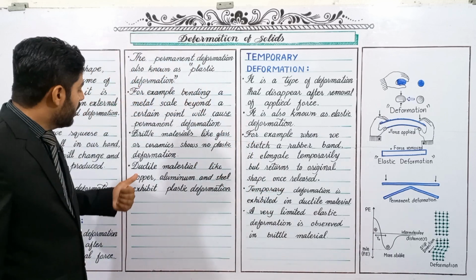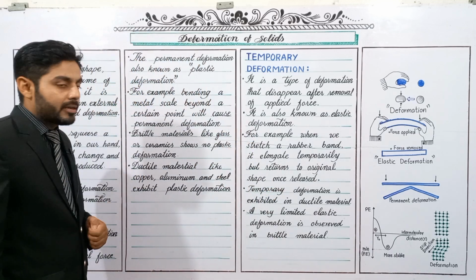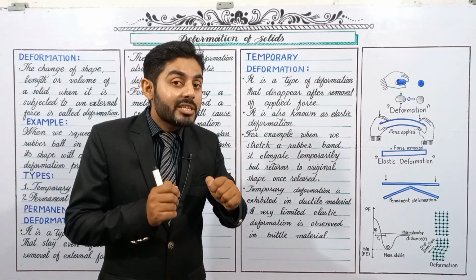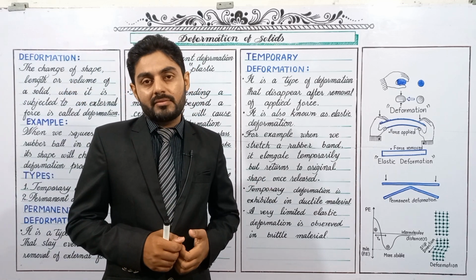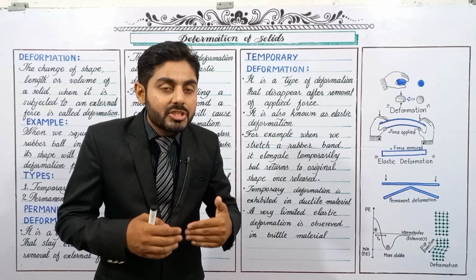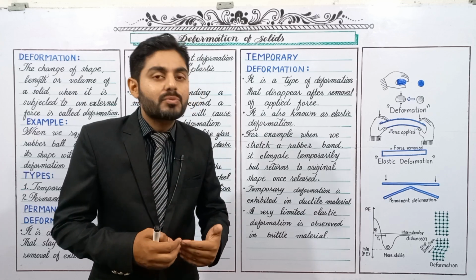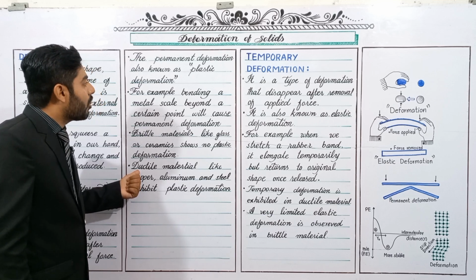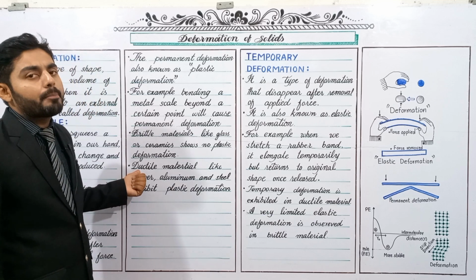Right. On the other hand, in ductile material, when you apply the force, you can easily change the shape of this object. So you can produce permanent changes in the body. That's why ductile material shows or exhibits the phenomenon of plastic deformation or permanent deformation.